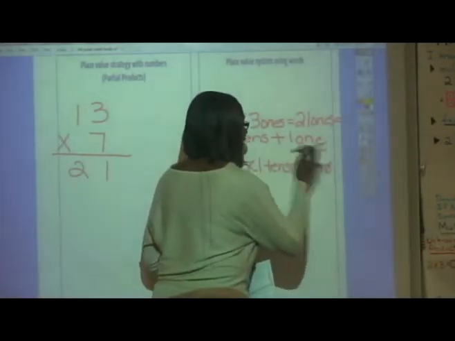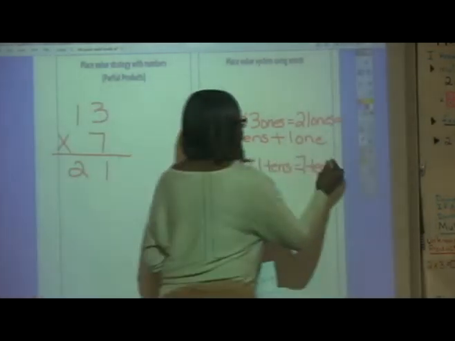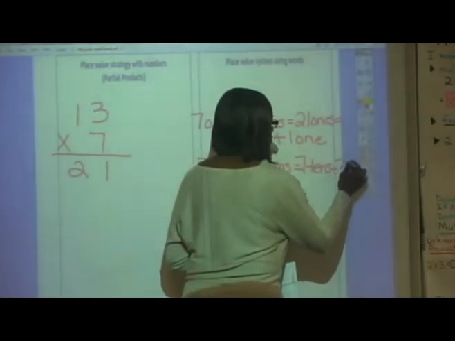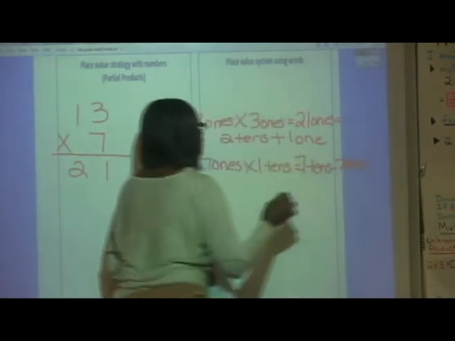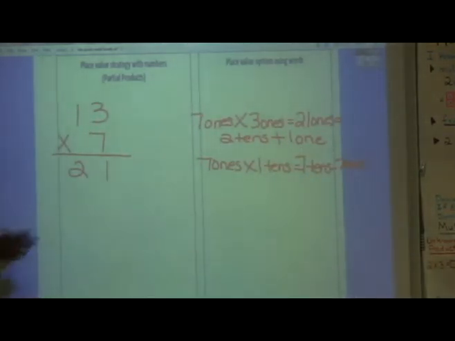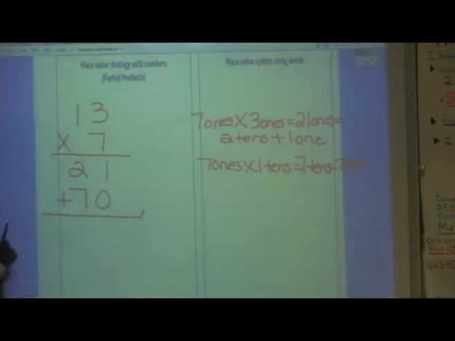And 7 10s is equal to 70, which is 70 1s. I might should write on the board. I'll write on the board for the next one. So you put 70. Now you add those together and you get 91.